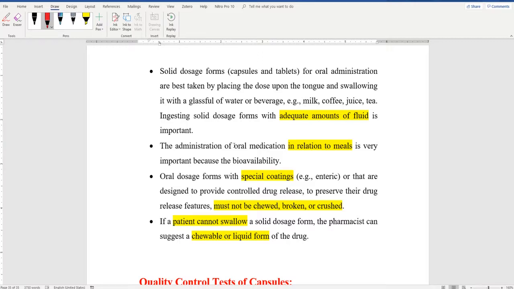This must be known because it can affect bioavailability, meaning the availability of the drug in the blood circulation. Some drugs like griseofulvin, for example, can be better absorbed with a meal that contains fats, because griseofulvin is hydrophobic, it's oil soluble, so when there is more fat content in the food it gets absorbed better. So you need to tell the patient whether to take it on an empty stomach or with food because it can affect bioavailability.